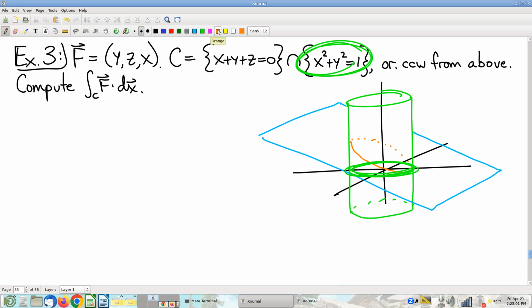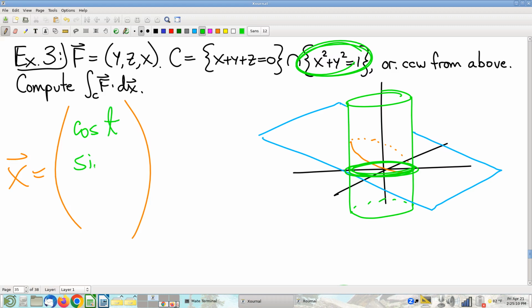So my parameterization of my orange curve, the x coordinate is just cosine t, and y is sine t. Everybody see that? Now it does leave the question of what is z.